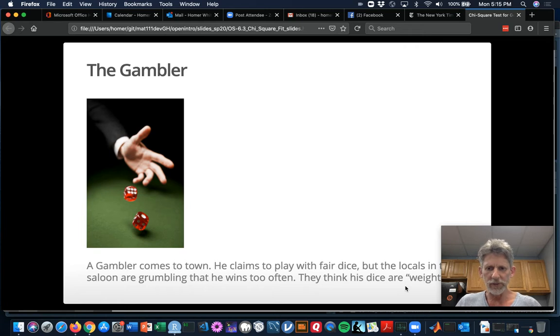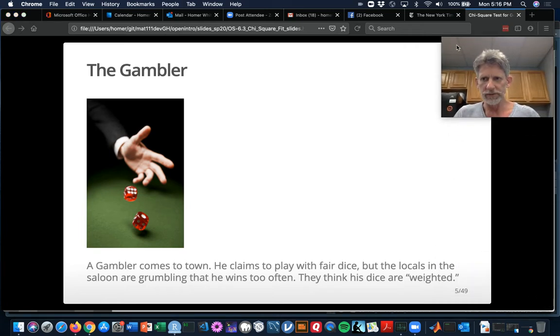And let's say a gambler comes to town, and he plays in the local saloon. He claims to play with fair dice, but the locals in the saloon are grumbling that he wins much too often, and they think his dice are weighted.